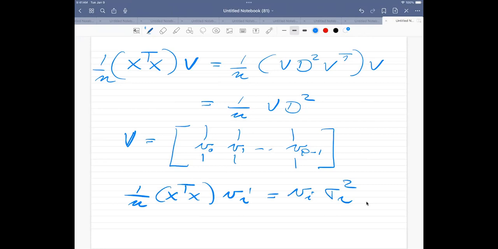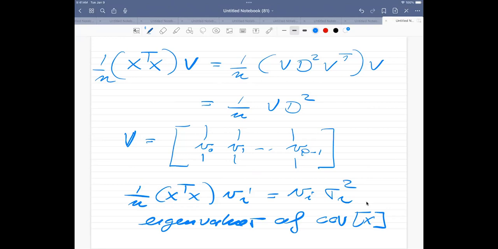So if I have performed a singular value decomposition, it means that the eigenvalues of the covariance matrix are the singular values of the singular value decomposition of the matrix X. And that's a very neat result.